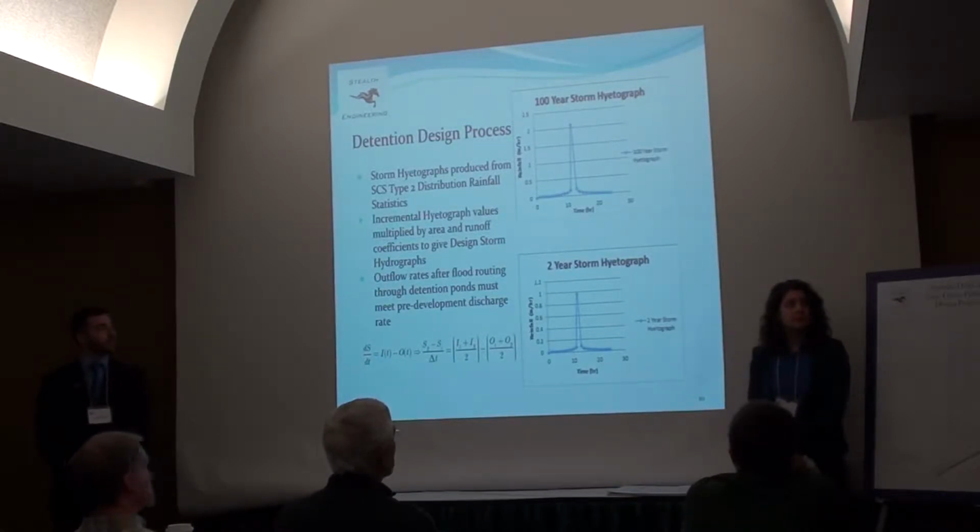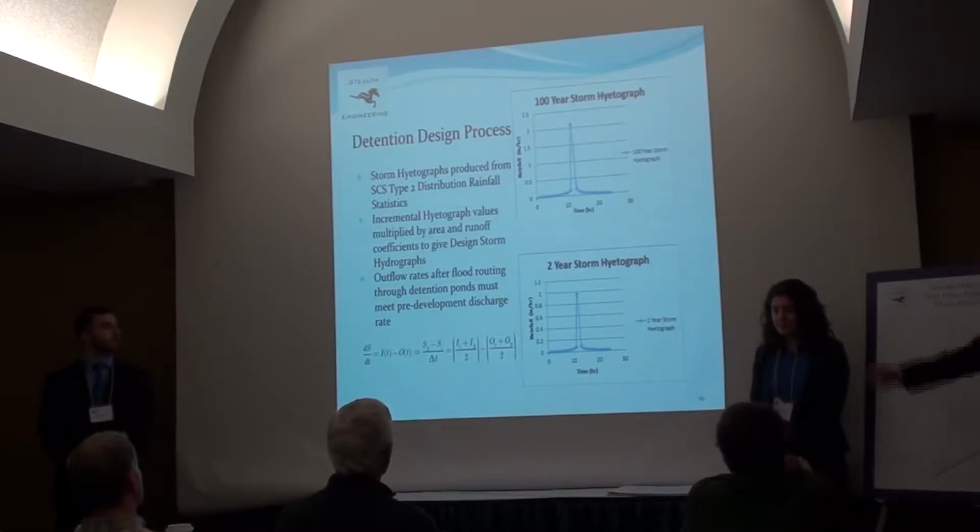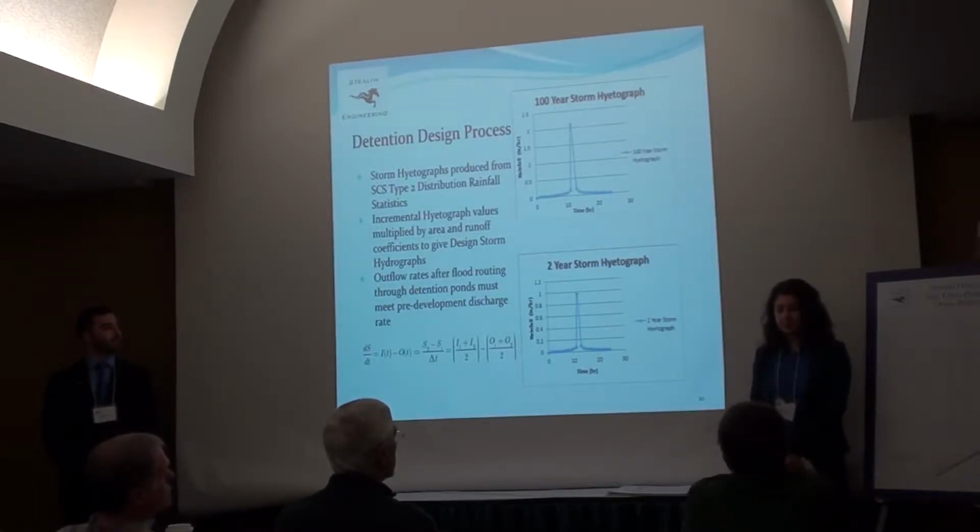These incremental values for each hour were then multiplied by the area and runoff coefficient for the contributing watershed to each detention pond, and this gave a runoff hydrograph, which was used as the inflow values for our detention pond routing. For detention pond routing, we used the modified pulse method, which is the equation shown at the bottom. It's a simple mass balance, assuming a detention pond size and outlet controls.